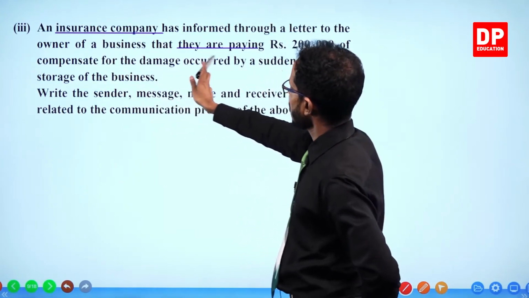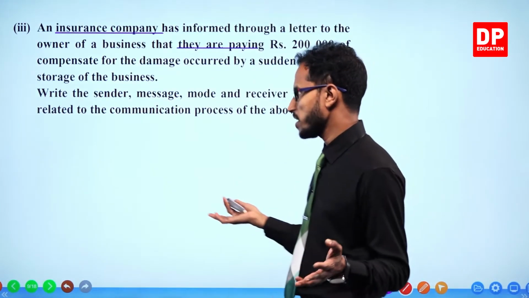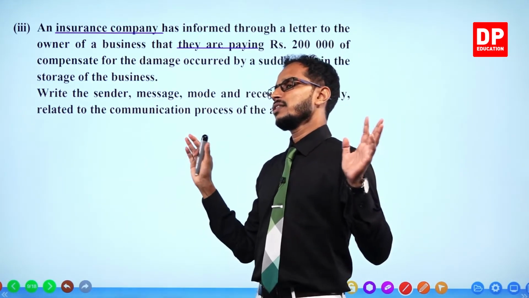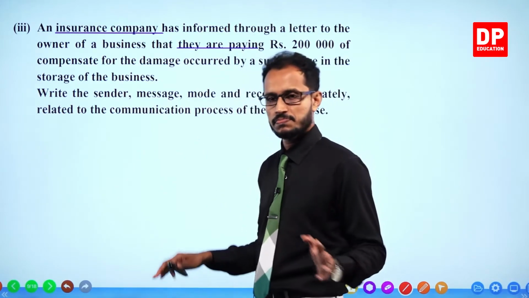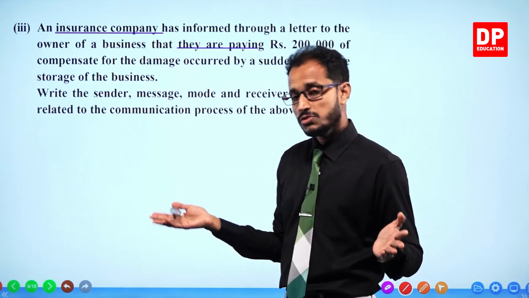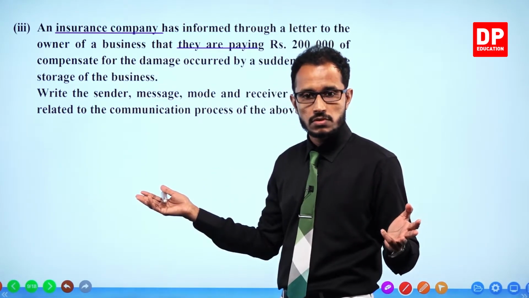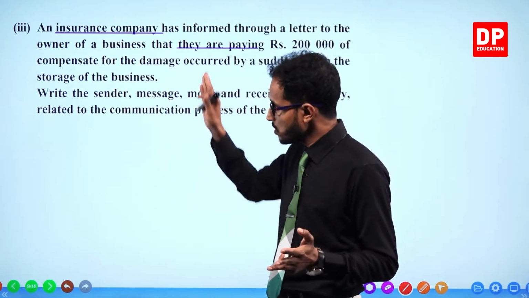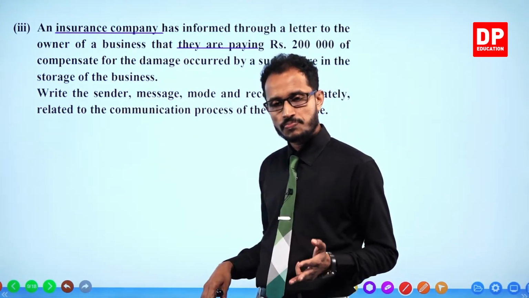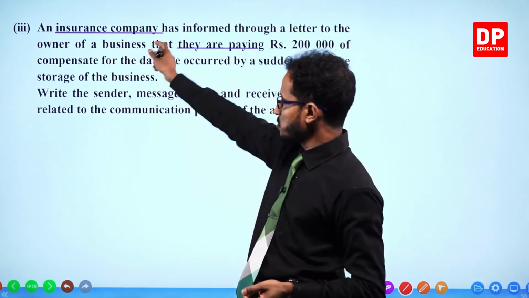For the damage occurred by a sudden fire in the storage of the business. Well, that's good news for the business, of course. They are paying compensation. Who? The insurance company.